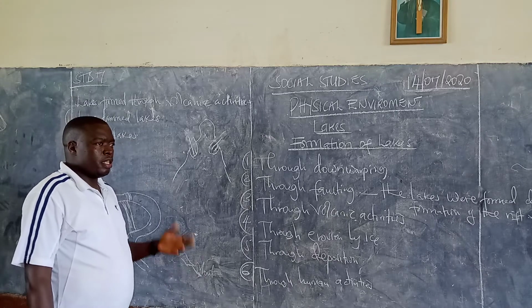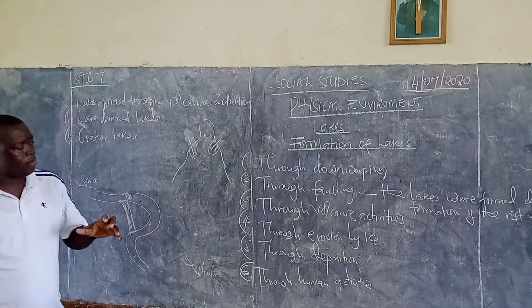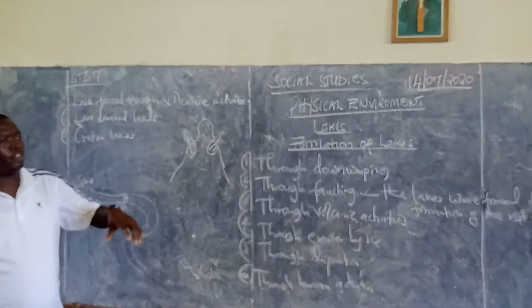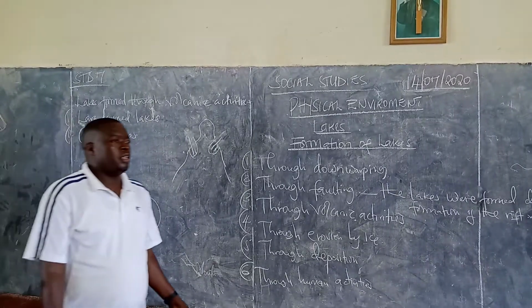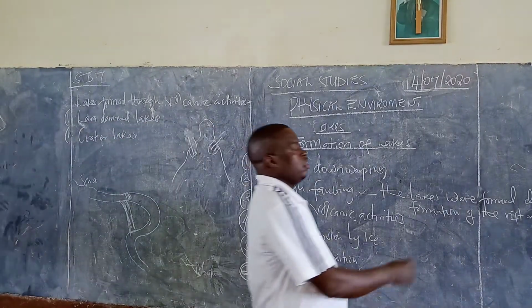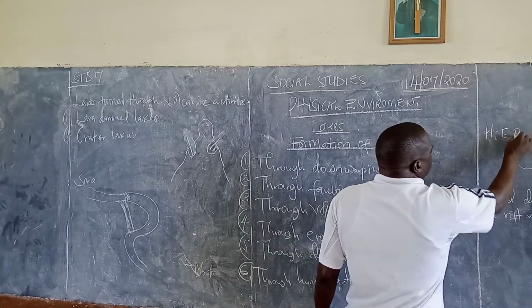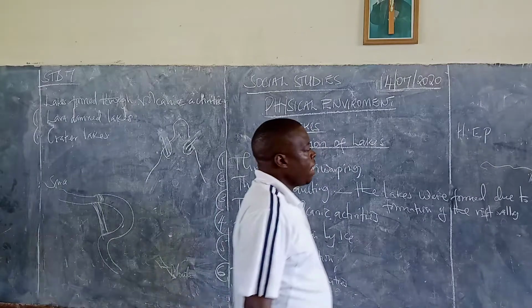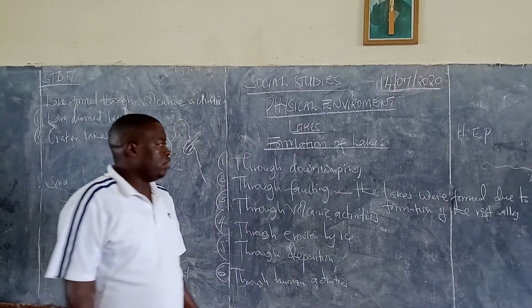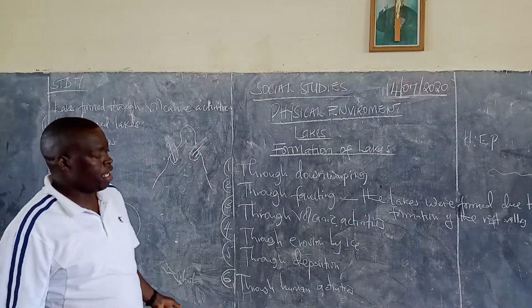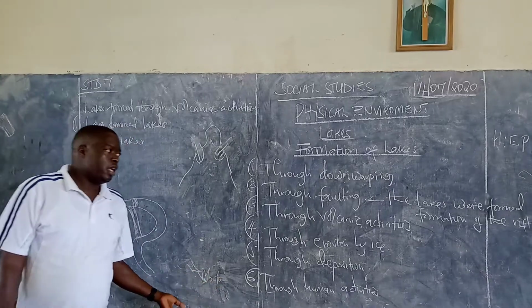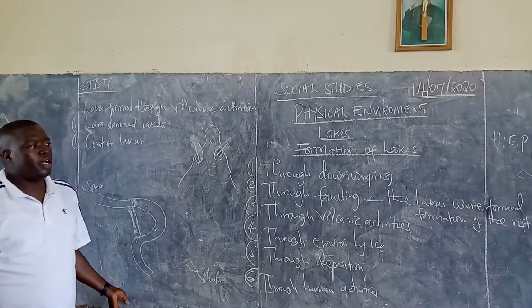Of course, the aim of constructing this was to provide hydroelectric power, HEP. Remember that the country was importing electricity from Uganda.